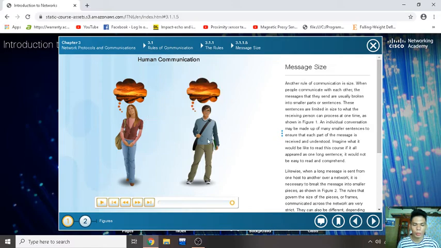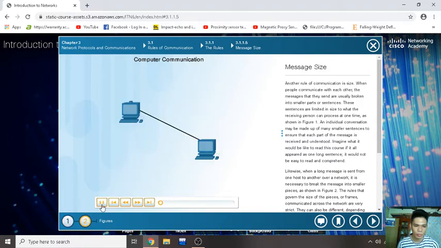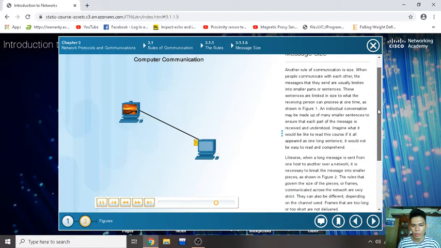Because it's not delivered properly, that's why they have broken parts of sentences. Like in the computer, it is broken, so I cannot identify what the message is.